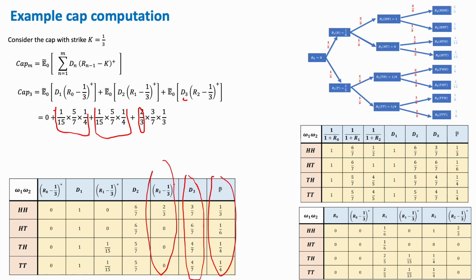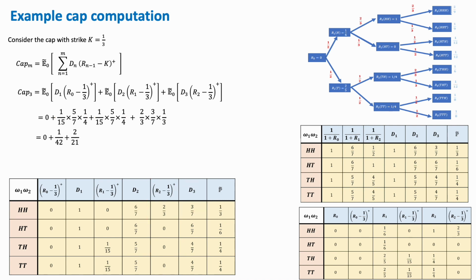So 2/3 is this, 3/7 is this, 1/3 is this. And the other ones are all zeros because the first expression here is just 0. So fairly simple things so far. And then we can do the math and find that the value of this cap is 5/42.